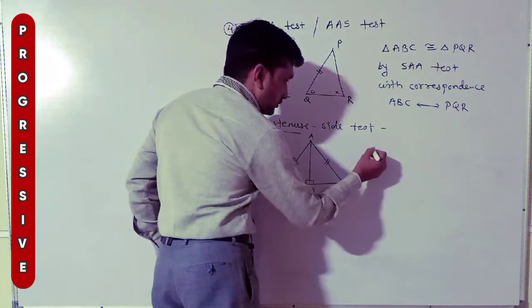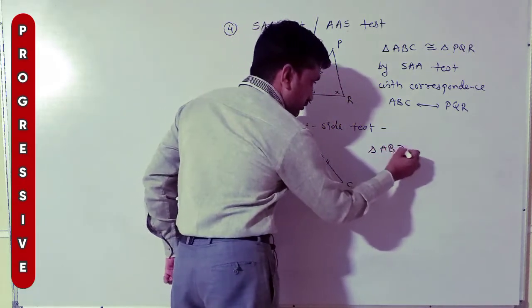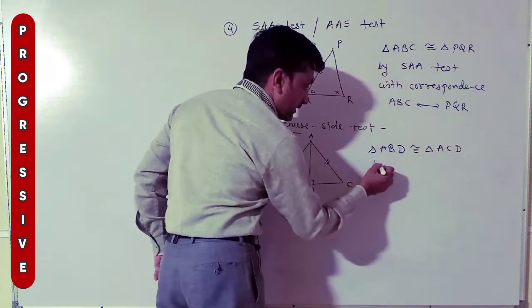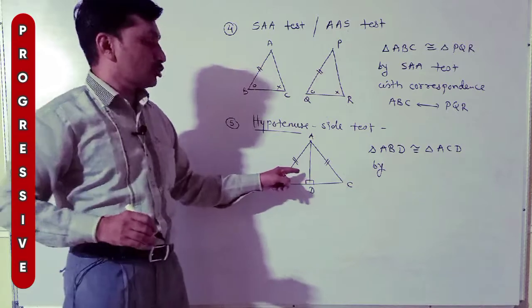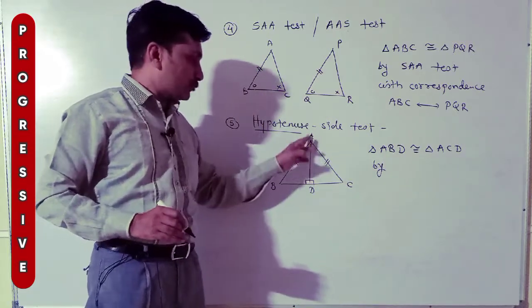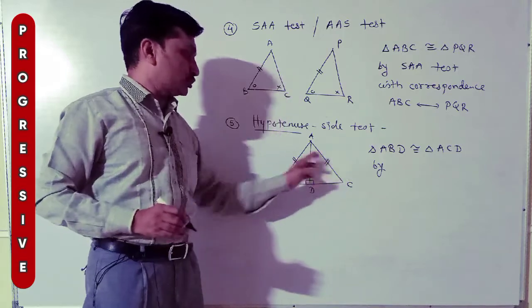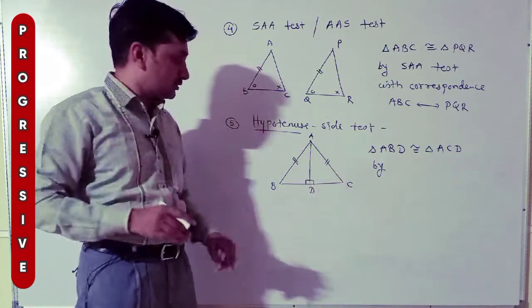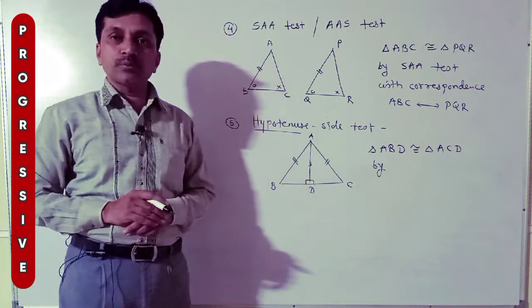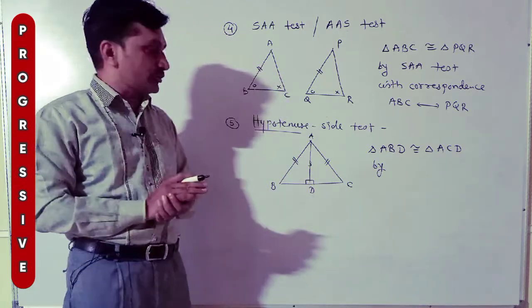Now here you see triangle ABD congruent with triangle ACD by which test? What is hypotenuse of ADB? AB. What is hypotenuse of ADC? AC. And both are congruent, means hypotenuses are congruent. And here AD is common side. Therefore AD is also congruent to both.